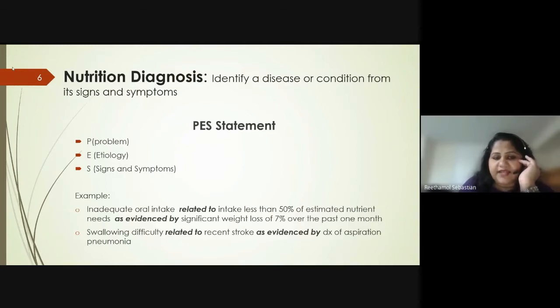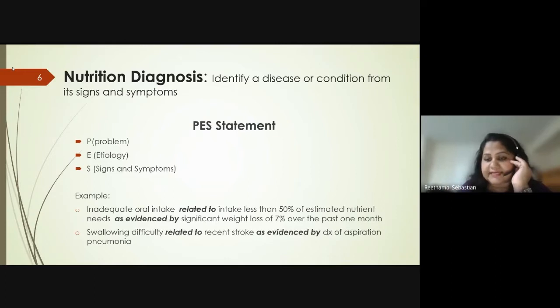The first one is inadequate oral intake, related to intake of less than 50% of estimated nutritional needs, as evidenced by significant weight loss of 7% over the past 1 month. So, inadequate oral intake, that is the problem. That is the P in the PES statement. Related to means why?